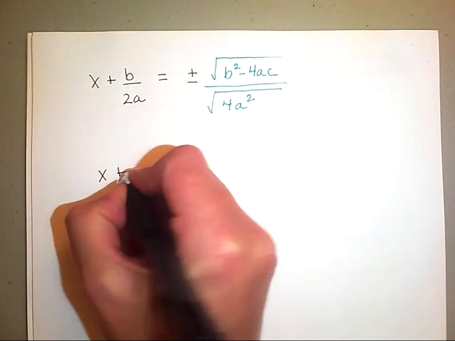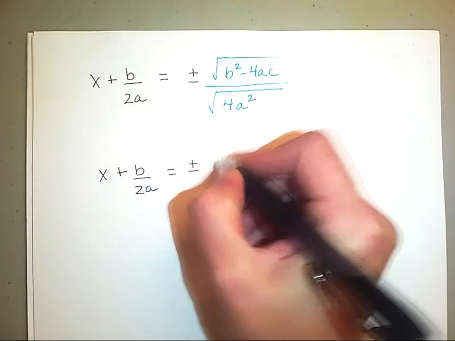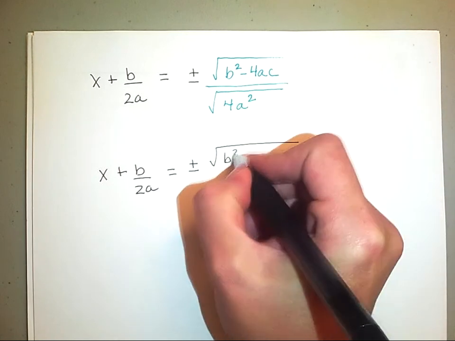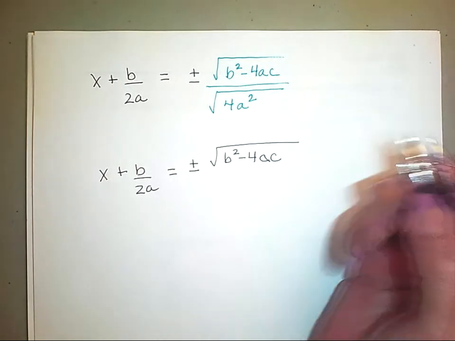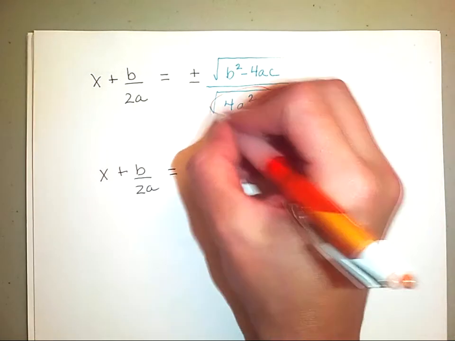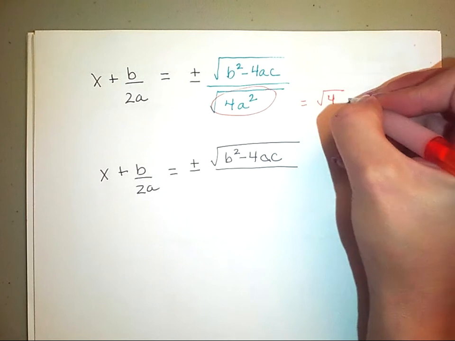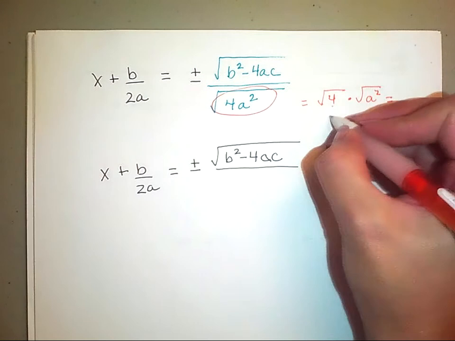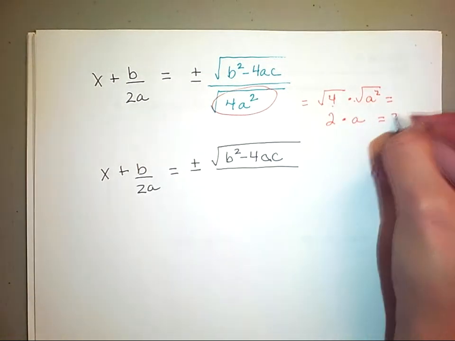Okay, so we'll simplify that. Now there's nothing we can simplify with b squared minus 4ac. However, the square root of 4a squared is the square root of 4 times the square root of a squared. The square root of 4 is 2. The square root of a squared is just a. And so this is equal to 2a.